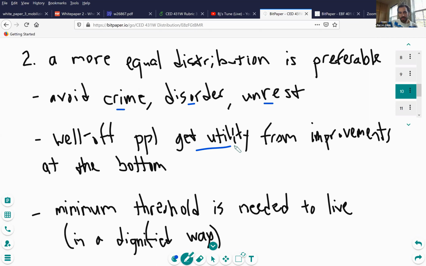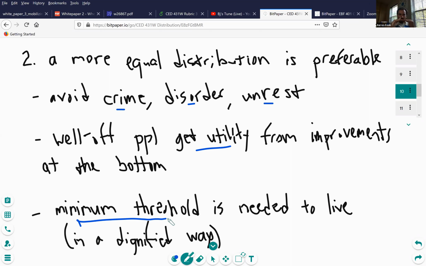And then the last potential reason for why a more equal distribution is preferable is that it makes it more likely that you have more people in society that are able to meet a minimum threshold for having a dignified life. There's sort of a threshold level for that. It's not like a continuous level where the degree to which you need a certain amount decreases.